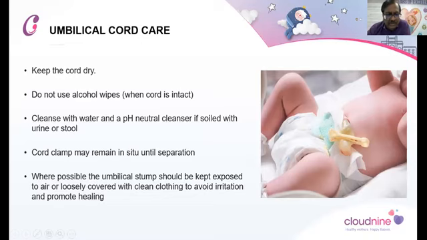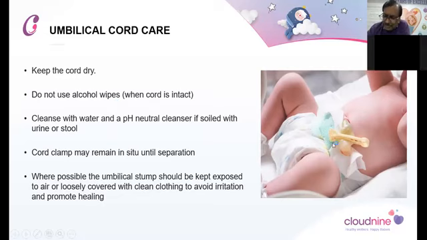Coming to umbilical cord care. So everybody is aware, we have to keep the cord dry as much as possible. And when the cord is intact, better not to use alcohol wipes. It is mentioned that if you use alcohol wipes at this stage, then that will delay the cord falling off basically. And you can use a cleanser.